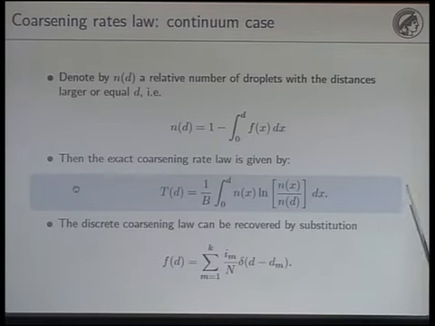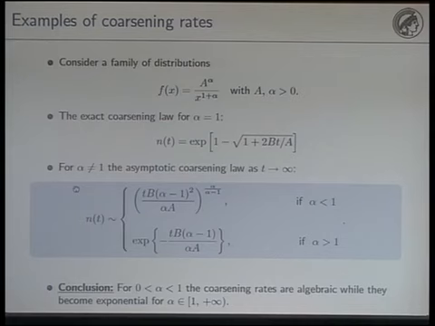To recover the discrete formula, you just need to take your initial distribution as a discrete distribution, that means a sum of delta functions with the weights which are given by m. And so the final question which I would like to present is what this formula tells us. What are the coarsening rates and what are the coarsening slopes?